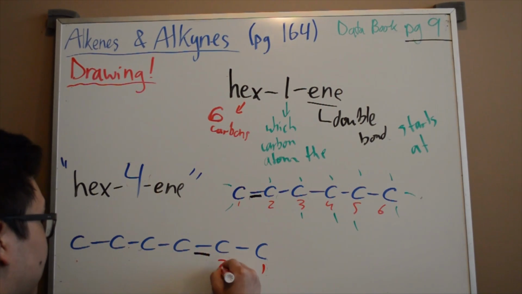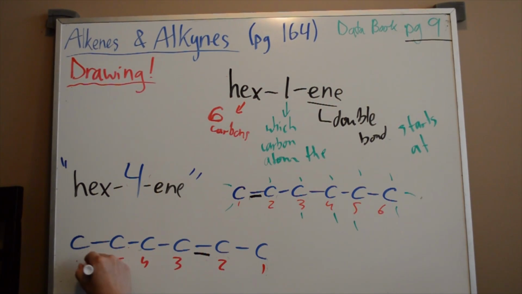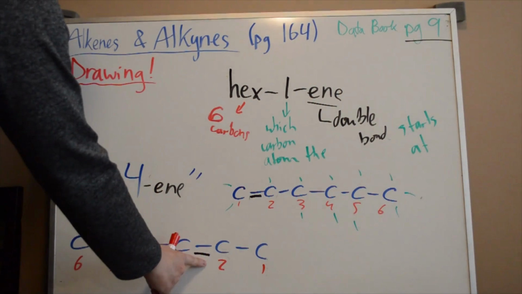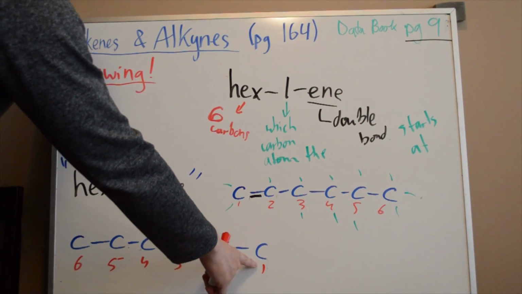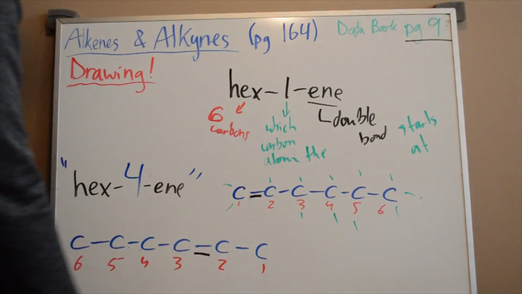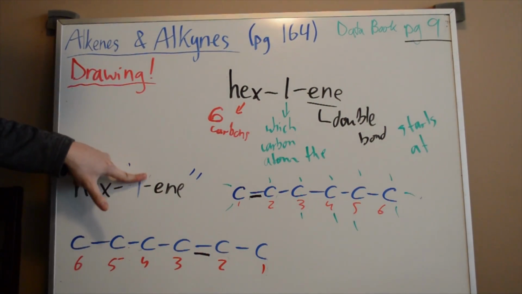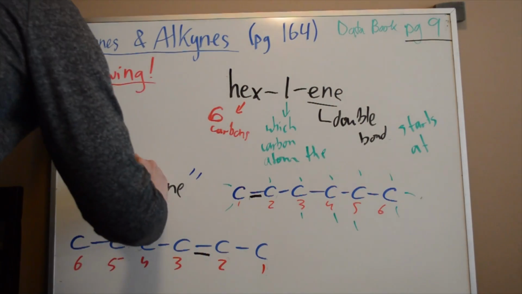If we had 1, 2, 3, 4, 5, 6, like that. Okay, well, if we do it like that, the molecule is the same. And would it really be hex 4-ene anymore? No, it won't. Because which bond is this on? It doesn't start from number 1, it starts from number 2. So hex 4-ene is the same as hex 2-ene.